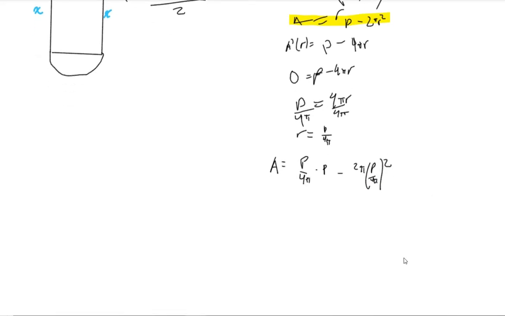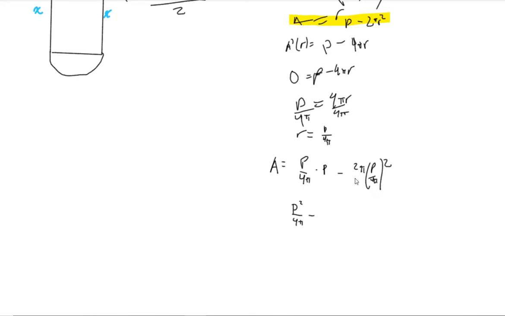We can do some simplification here. So we're going to get p squared over 4 pi, minus, so you're going to get 16 pi squared at the bottom.